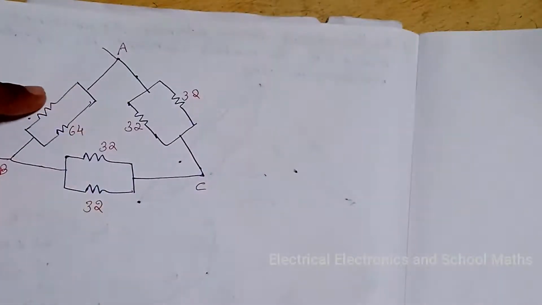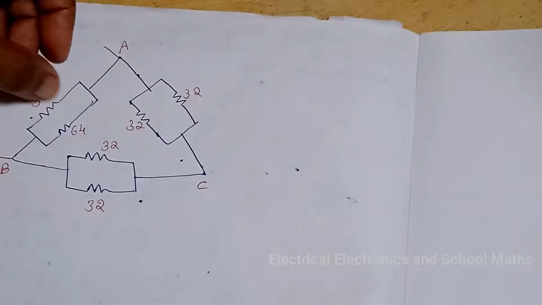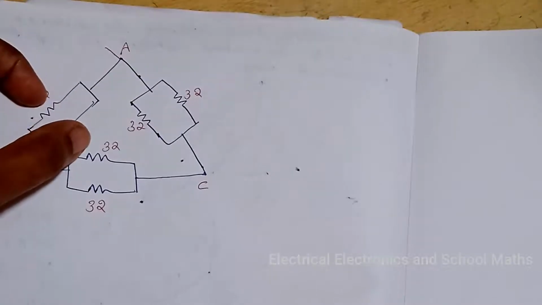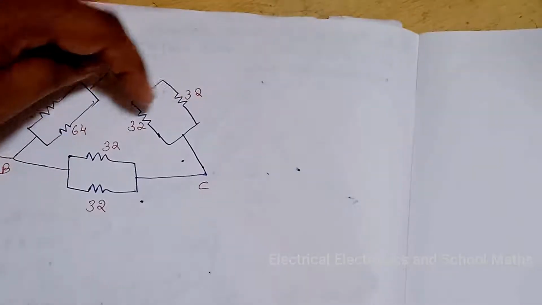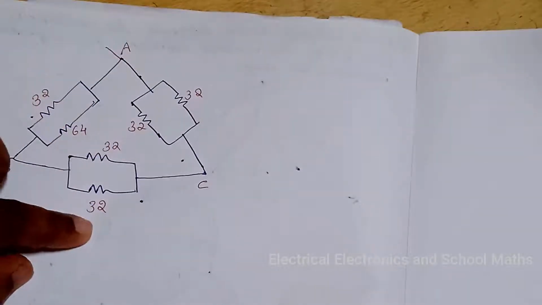Again redraw the picture, we get like this. Here 32 ohm and 64 ohm are in parallel. Also 32 ohm and 32 ohm are in parallel. Here also 32 ohm and 32 ohm are in parallel.